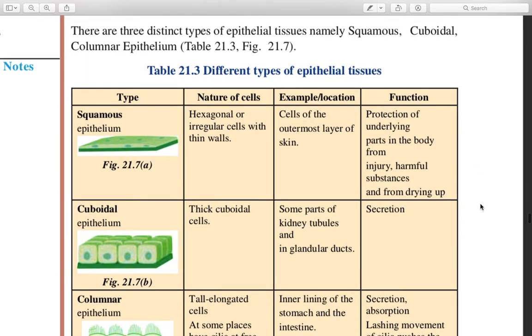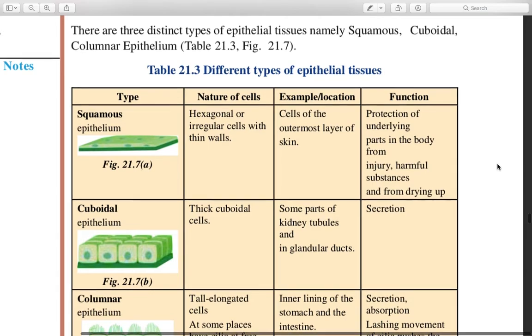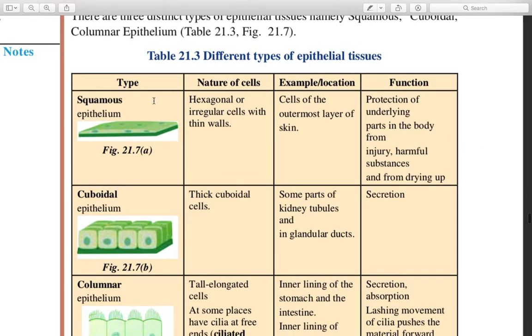And what is the function? As I told, it's protection for the underlying parts in the body from injury, harmful substances, and from drying up. If there might be some injury because it's open, they have to be protected from harmful substances and from drying up, so that liquids don't dry up in our body. That is the function of squamous epithelium.